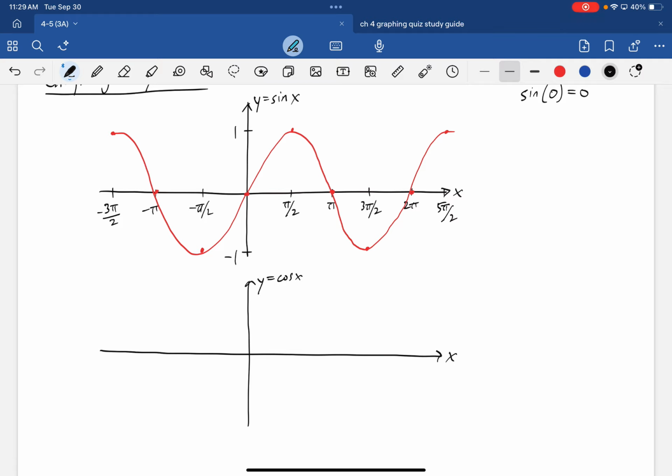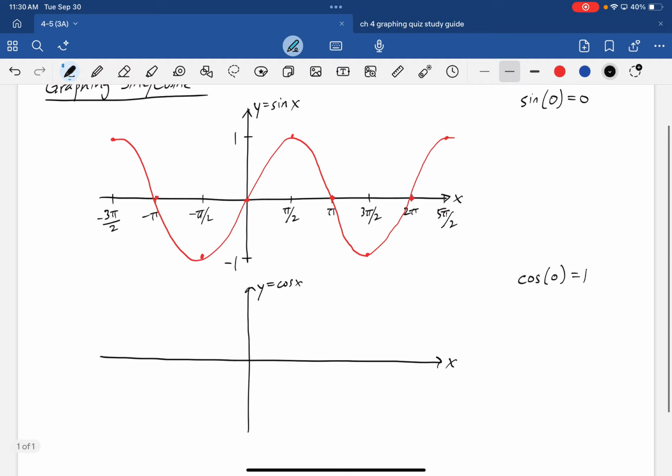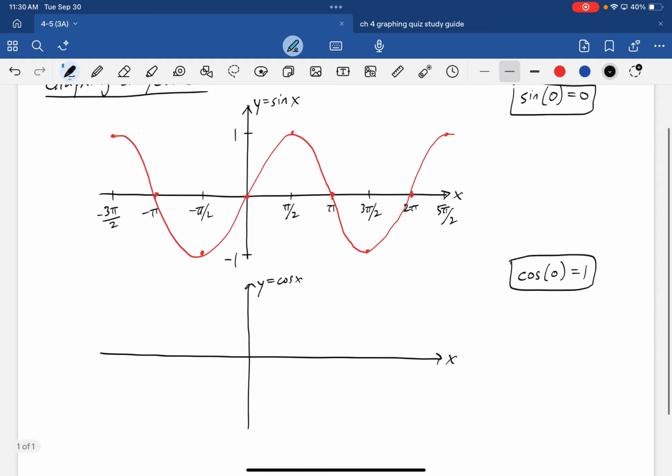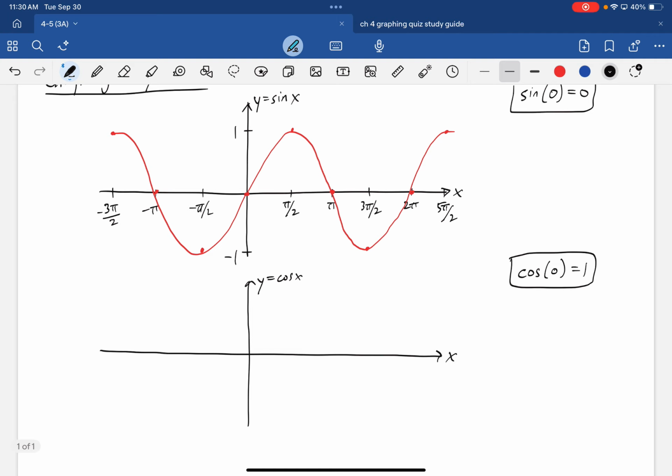For cosine x, it's very important to know that cosine 0 is 1. I would memorize these two values: sine 0 equals 0, and cosine 0 equals 1. It'll help you graph.